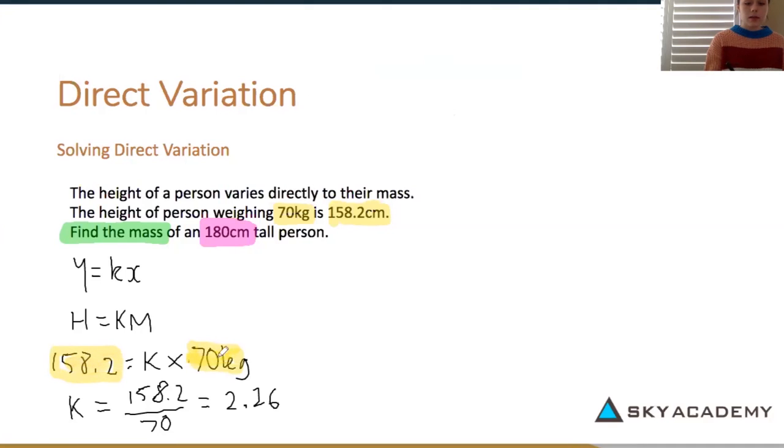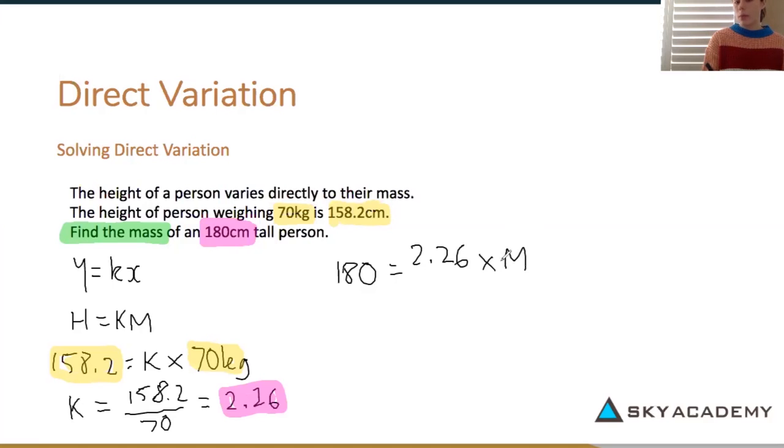I'm just color coding this so we know what goes with what. Now let's solve using k and the value that we do know, solving for the mass, which we don't know. So height, which is 180 centimeters tall, equals k, the constant, 2.26, times their mass.